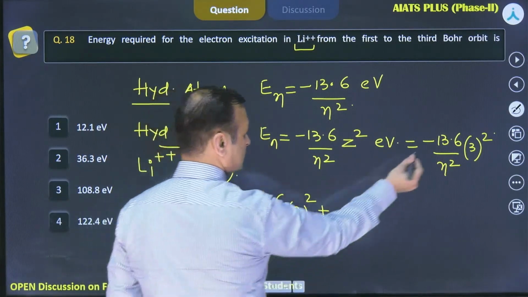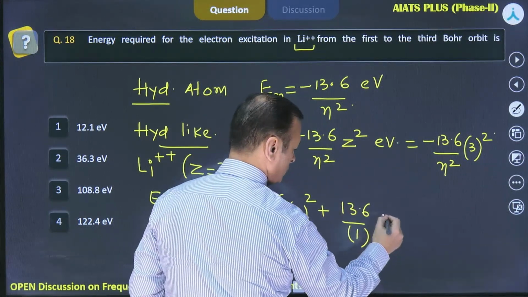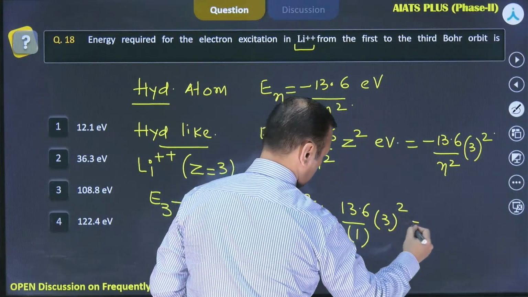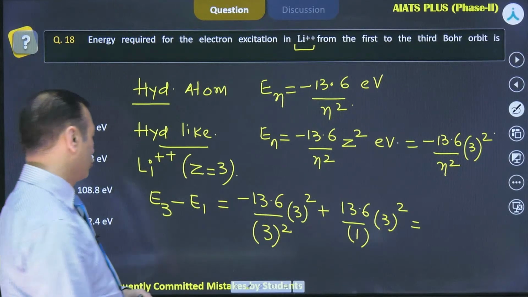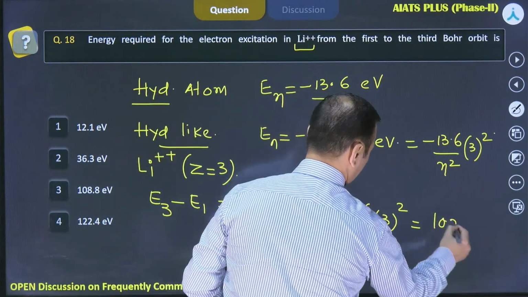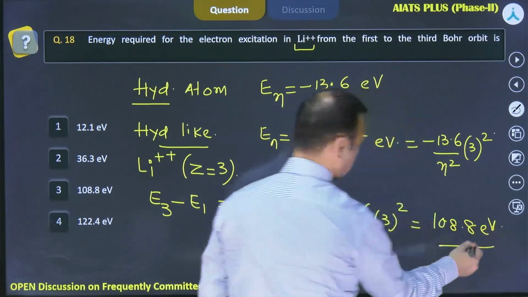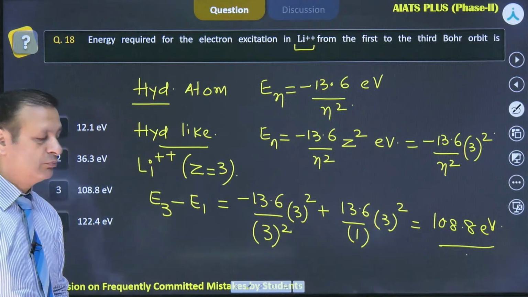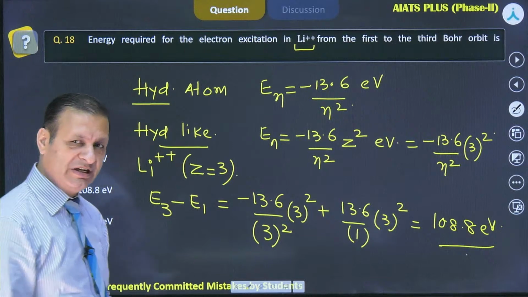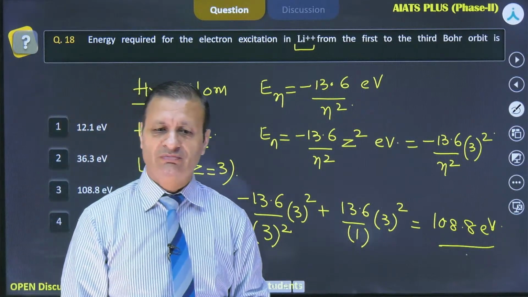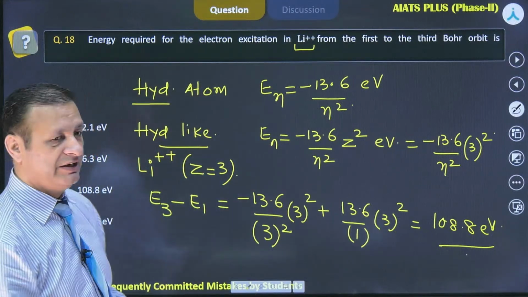Because this is minus, so that becomes this numerical difference, which will be the answer, and when you solve it, it gives you 108.8 electron volt only. So it's quite easy, quite interesting. Any doubt from this? So Kumaran understood it. Okay, so I'm moving ahead.